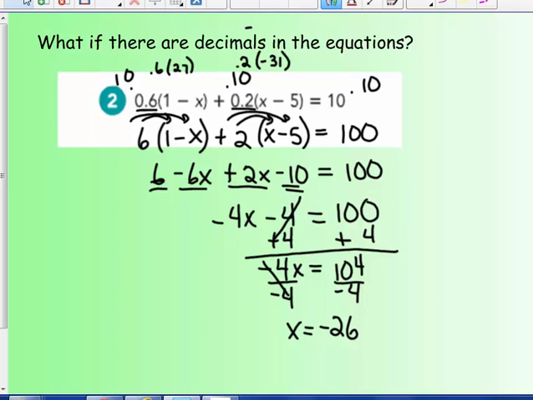Might have done that a little fast, but you can check it on your calculators. 6/10 times 27 is positive 16 2/10. And again, I might have done that a little fast, so you can check on your calculator. 16 2/10 minus 6 2/10, hey, that equals 10. Yippee! I've got the right answer. So I know I did all of my clearing the rational, which was a decimal this time, double distributing, putting lots of like terms together, then balancing the equation. Yes, negative 26 is the right answer.